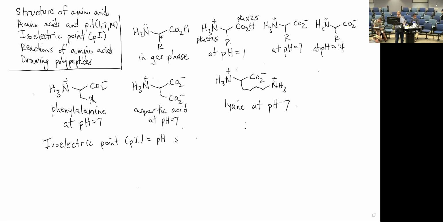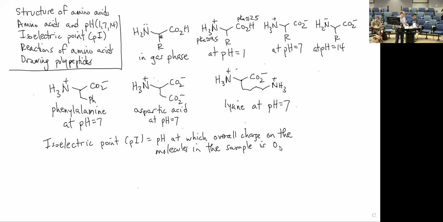So the pH at which the overall charge on the sample as a whole, let's say on the molecules in the sample, so again, considering all of those molecules all at once, is 0.